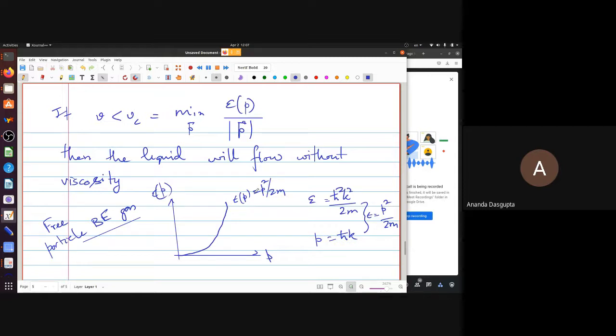Yes, sir. And then, what is the minimum value? What's the minimum possible momentum that you can have? 0.